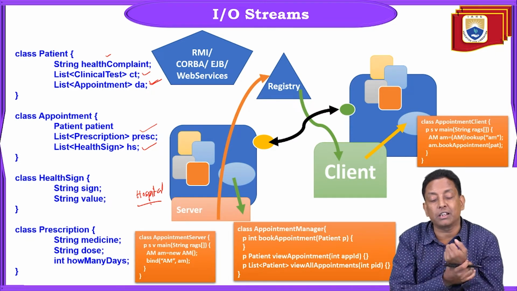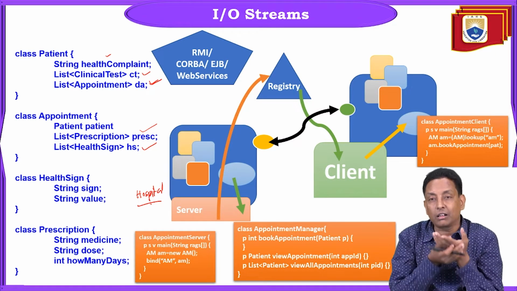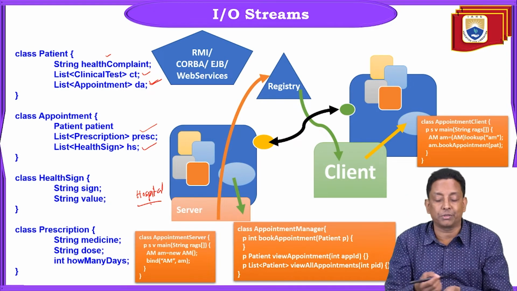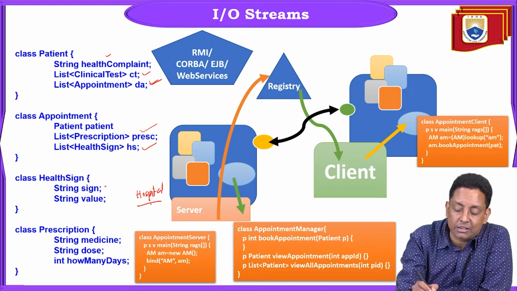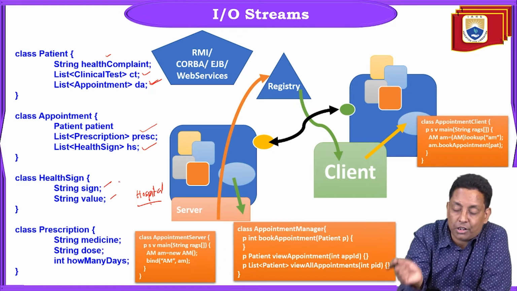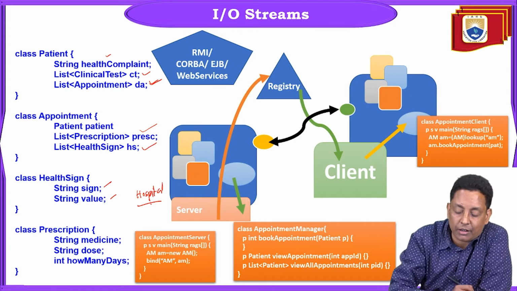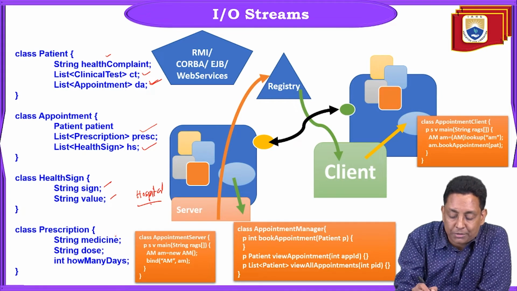Once the patient reaches the doctor, the doctor will ask some questions and give a prescription. So a health sign contains the sign and its value: BP and its value, temperature and its value, weight and its value, height and its value, etc.